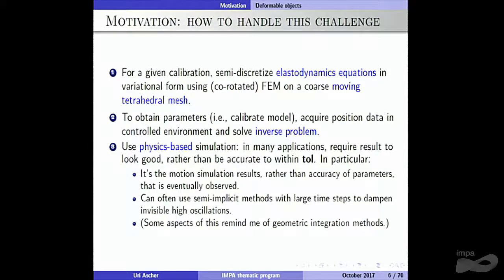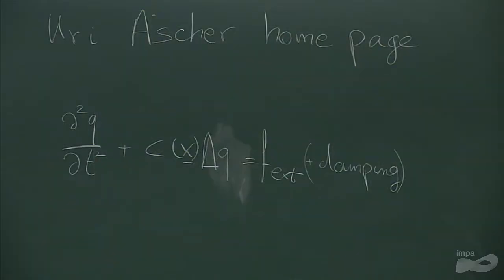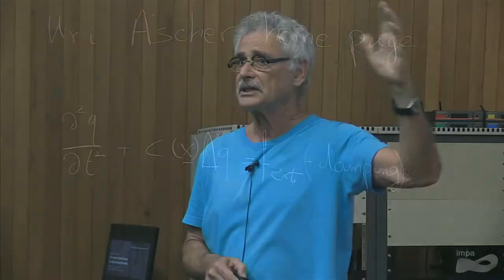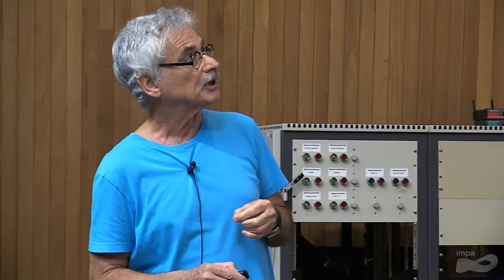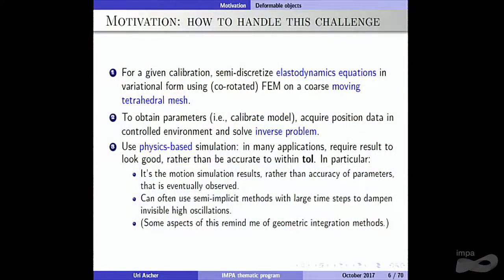So what we do, fortunately, also in equations like this, you can discretize. By the way, I will emphasize numerical methods in this entire mini course. That is what it's about, scientific computing. So you have elastodynamics equations, okay?